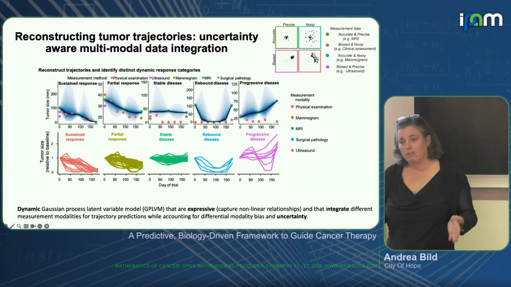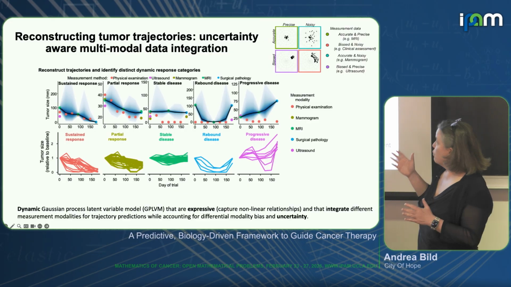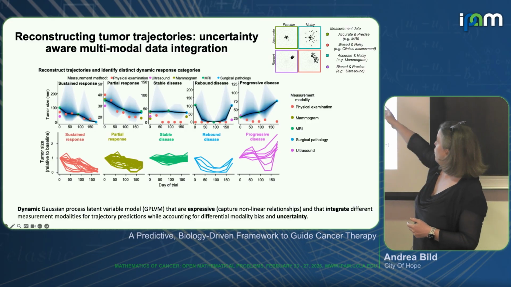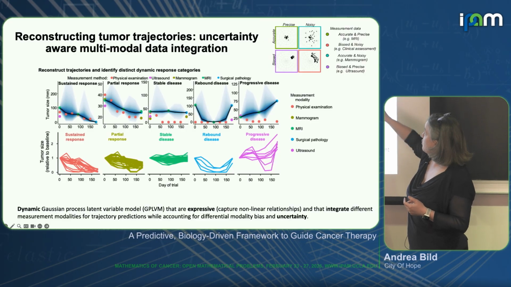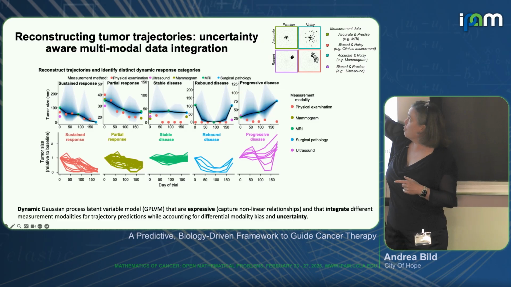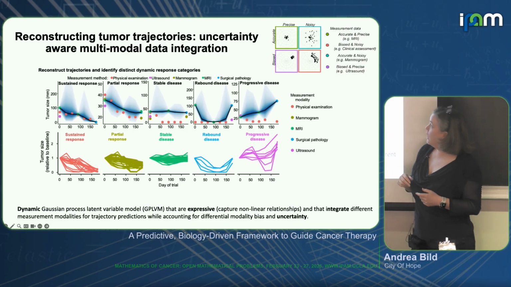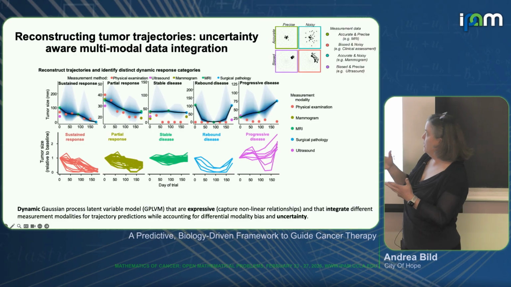It's not so easy to classify stage 2, 3 breast cancers as responding or not to therapy. So the first thing we did was we took all the different measurement modalities that these patients had, including physical examination where they measure the tumor with a caliper. We took the mammograms, the MRI, the surgical pathology, which is the ground truth at end of treatment. So that's that blue dot. The pathologist tells us exactly how big the tumor was at that point, so that's true.